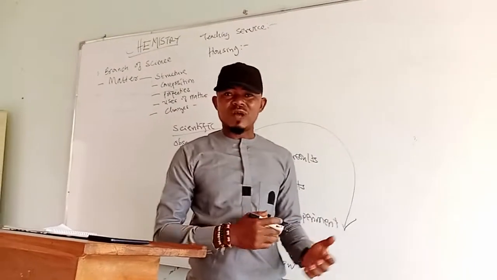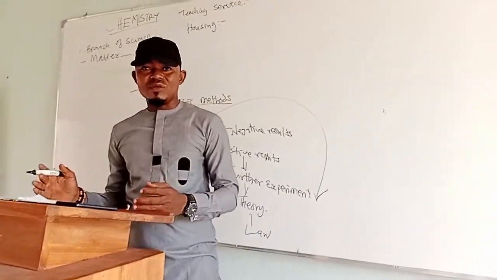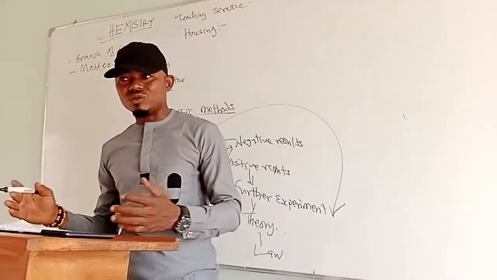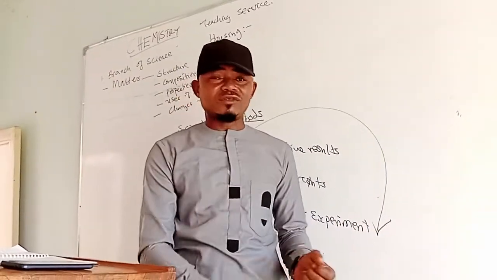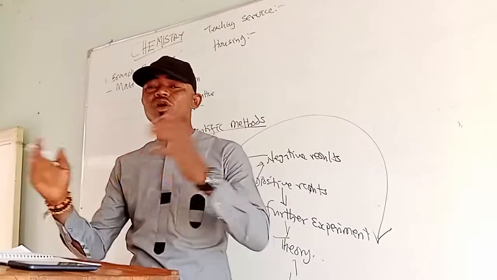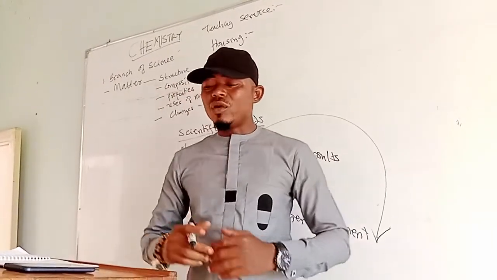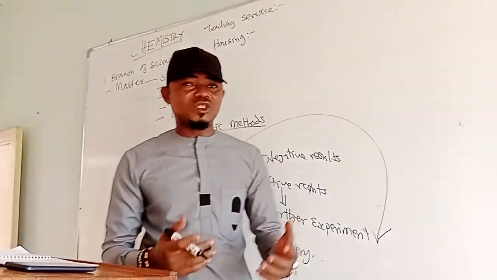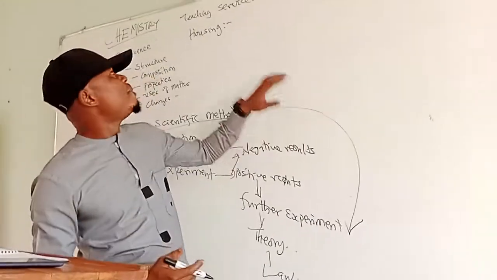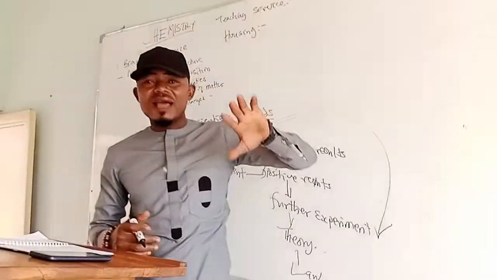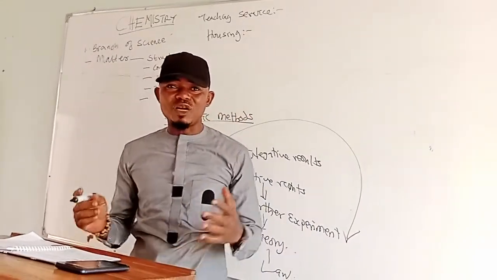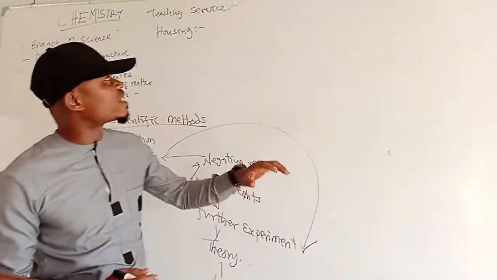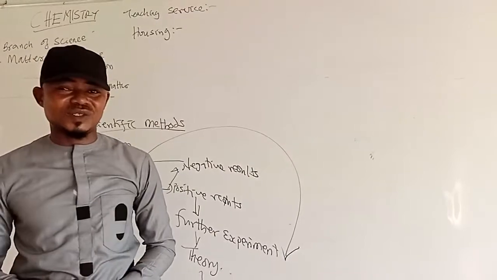When you get your limestone and convert it to cement, you get your iron and convert it to rods, and then you have alloys and the rest. You extract your zinc and the aluminiums, where we use all of them in building. And so the advances in chemistry and technology have made housing development easy. So if you study chemistry and you know your chemistry very well, you can be of great help in the housing industry.